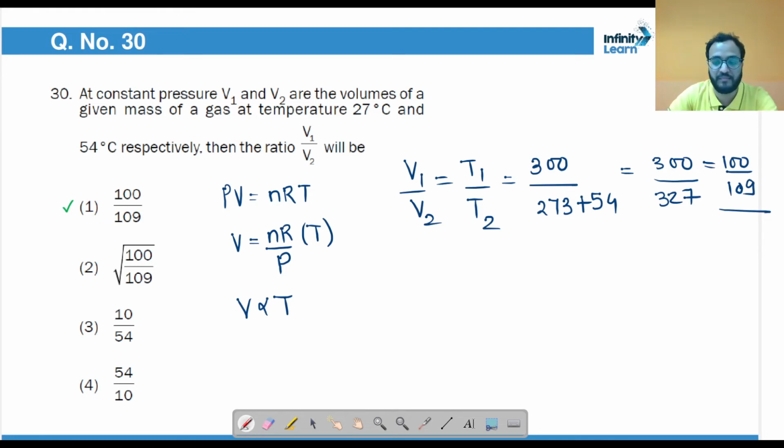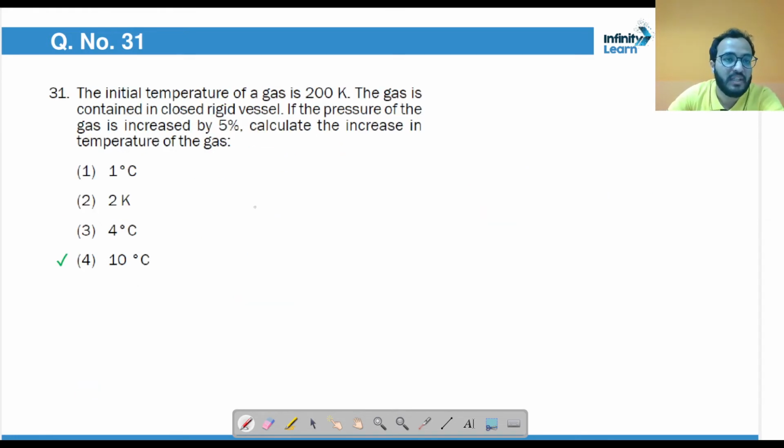Got it? Now 31. The initial temperature of a gas is 200 Kelvin, and the pressure, okay, closed vessel. It is given that it is a closed rigid vessel. So volume is constant. So PV equals nRT.